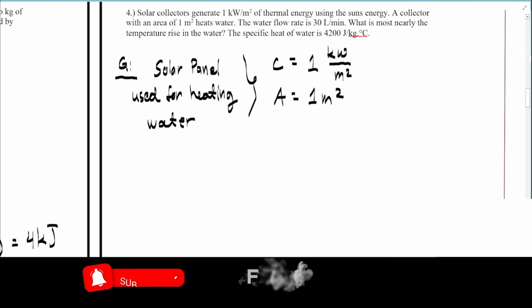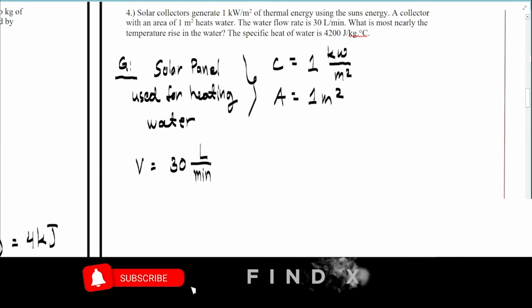What else? We have a water flow rate of 30 liters per minute. We also have the specific heat of water, and we are looking for the temperature rise in the water. So we have V equal to 30 liters per minute. However, this V, the volume, would be only a volume if the given is only 30 liters. However, we have per minute, so this becomes a volume flow rate.